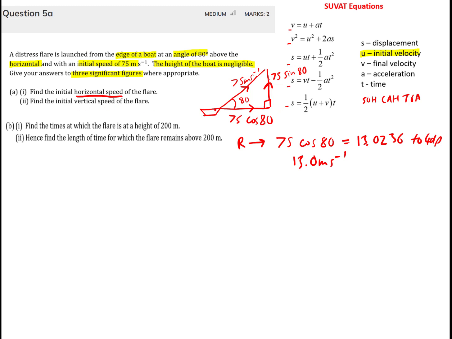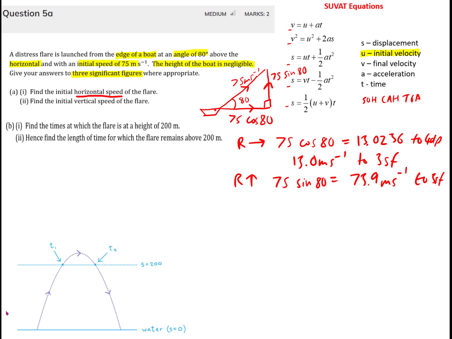Well, that's going to be 75 sine 80, which is 73.9 to 3SF.